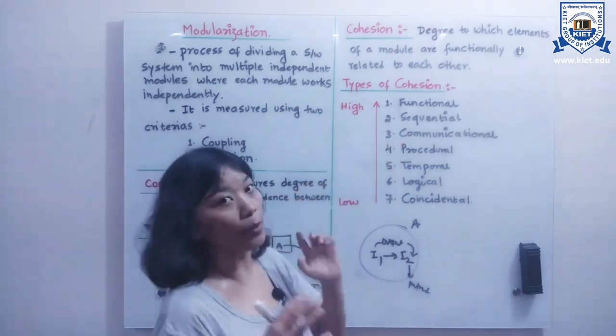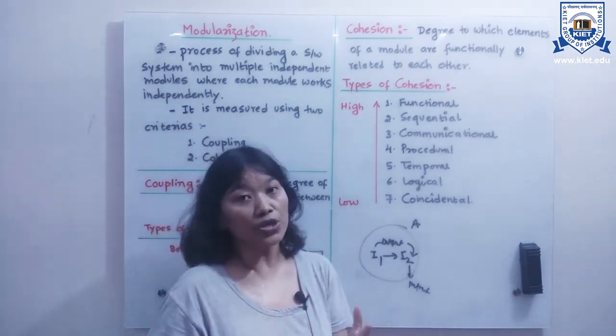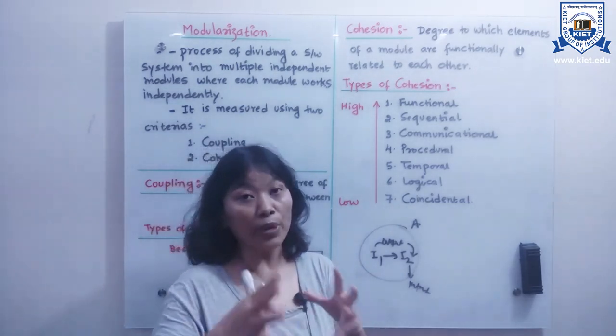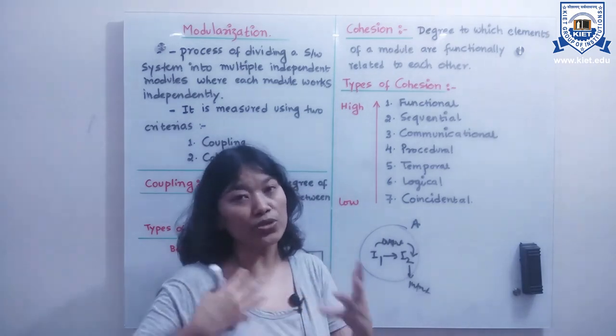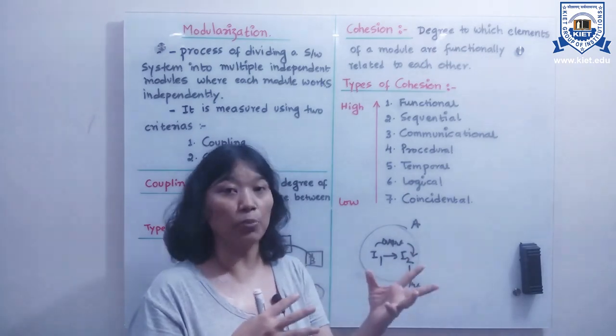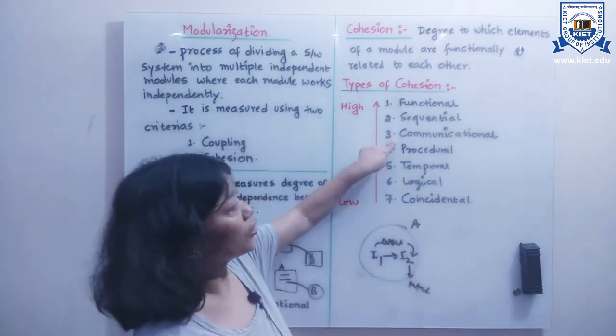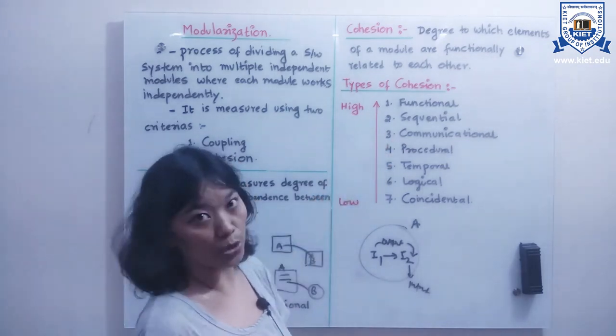The third is communicational cohesion. When two operations or two instructions are operating on the same input data or contributing to the same output data, such kind of cohesion is called communicational cohesion.